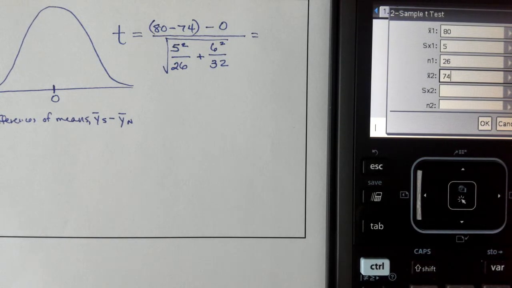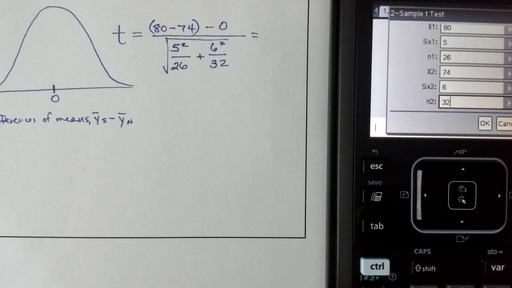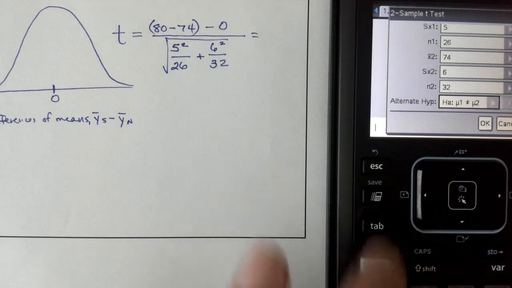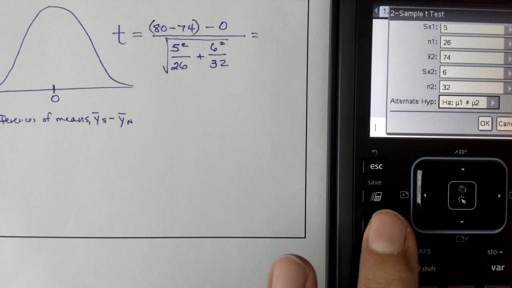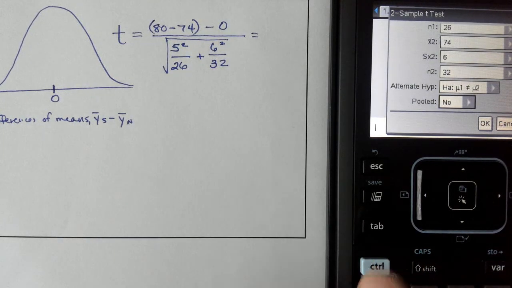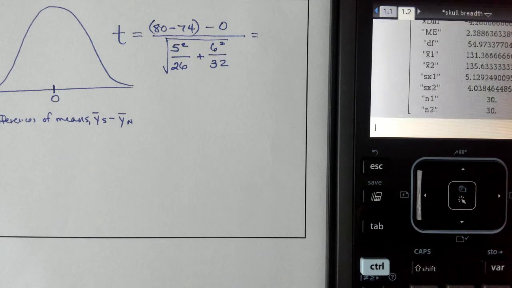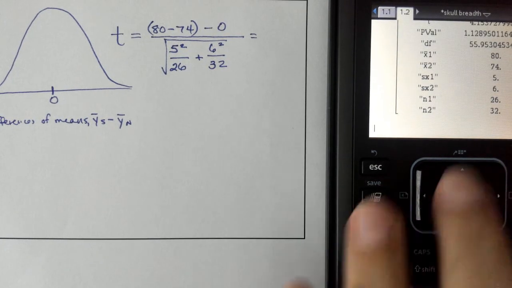They had a mean of 74, standard deviation of 6, sample size of 32. And then the alternative, we can choose not equal to, greater than, or less than. It was a two-tailed test. We had a not equal to in our alternative. If we're asked to pool, we always leave it at no. And okay. And everything we need is here.